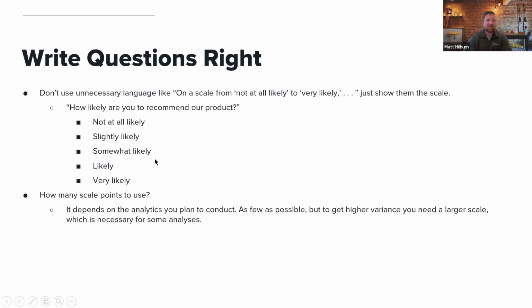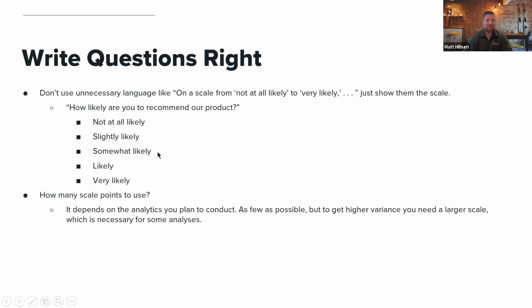And the next question I always get when I show this is, well, how many scale points should we use? Should we use 3, 5, 7, 10, 100? And the answer to that is it depends on what analytics you want to conduct. If you want to use this as a dependent variable for a regression analysis, which some people may not love because this is not ratio level data, you would probably want this to be at least 7 scale points.